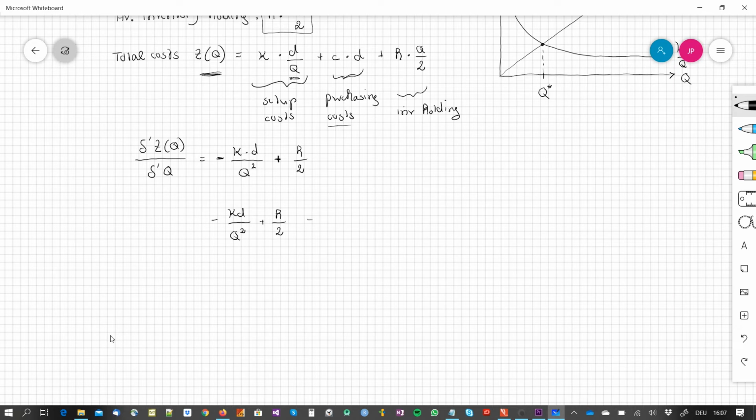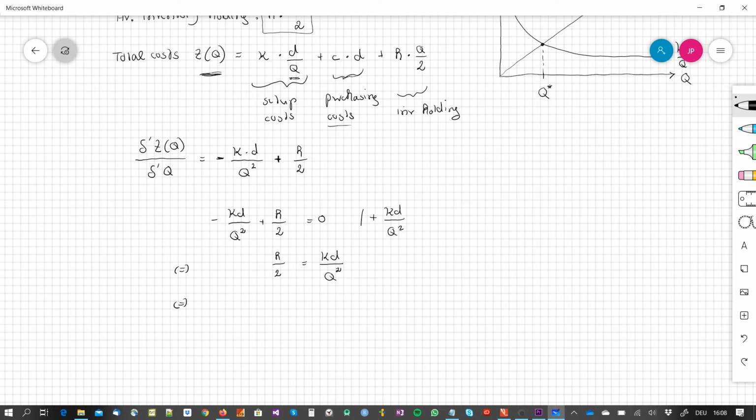And then we set this to 0. I first put this term on the other side. So I have H divided by 2 on the left-hand side and K multiplied by D divided by Q squared on the other side.